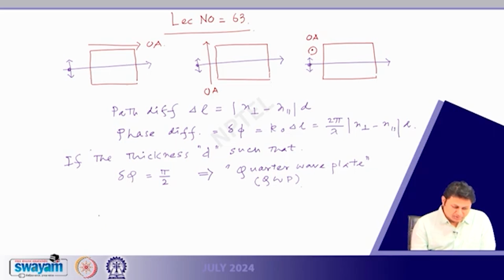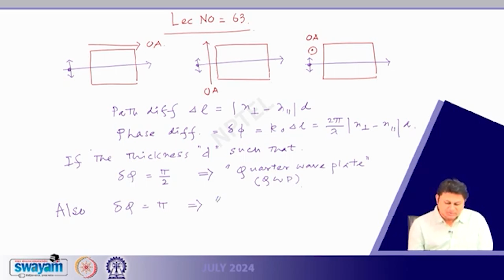In a similar way, we can adjust the thickness such that delta phi becomes pi, then this system, whatever optical system we are talking about, is called the half wave plate.